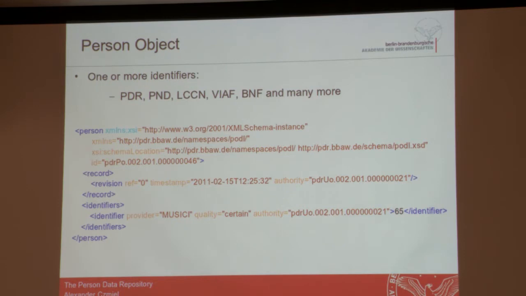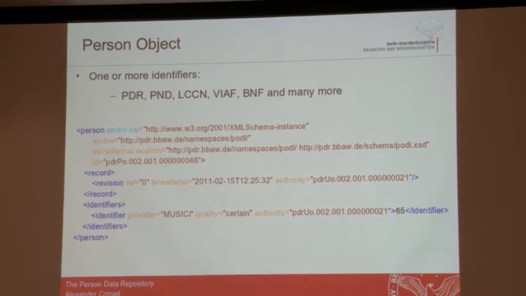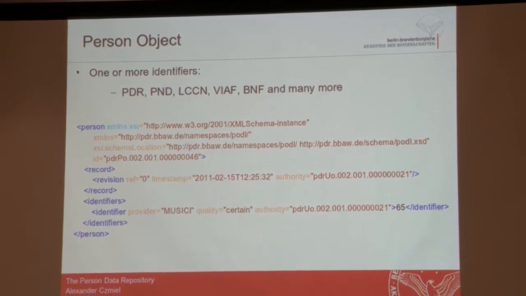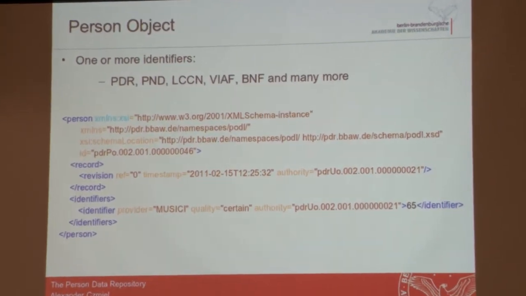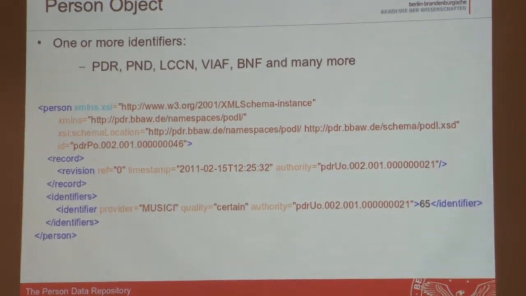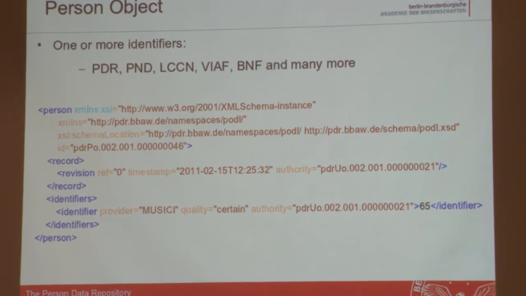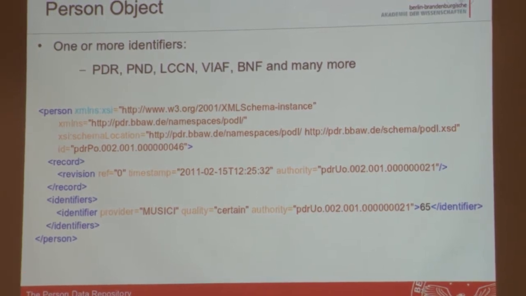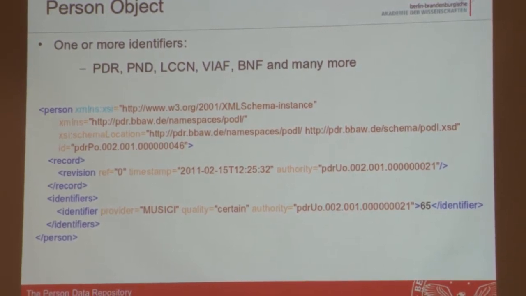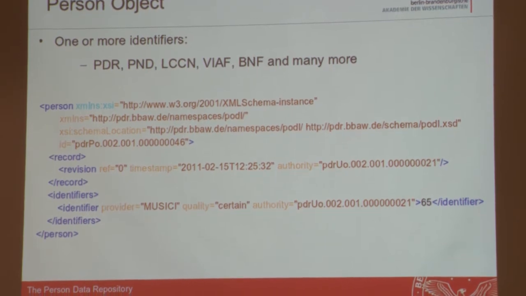The identifiers, of course: every person object, as every object in this data model, has a PDR identifier from the person data repository, but it can have many more, from the PND or the LCCN or VIAF or whatever, or you can introduce your own authority records, like the Musici project in Rome does.